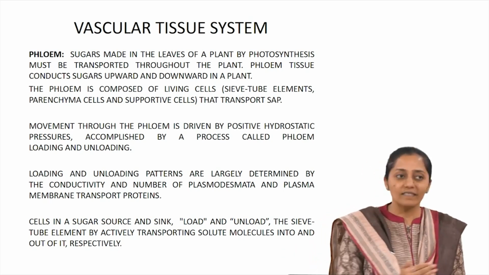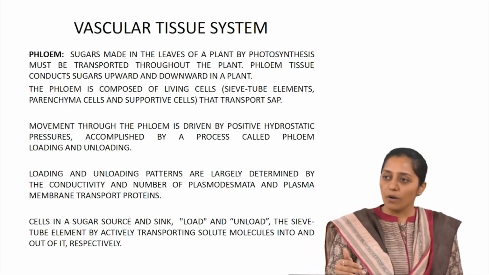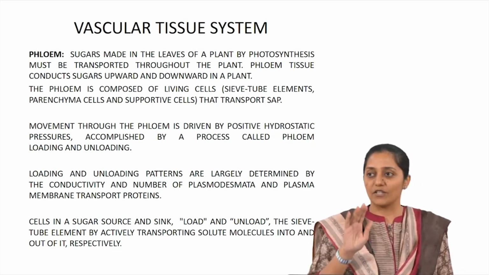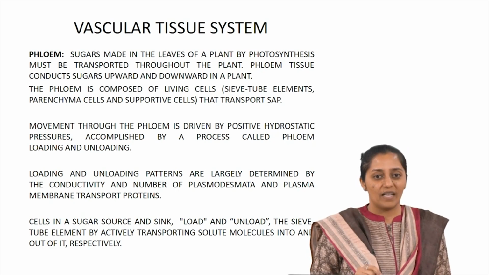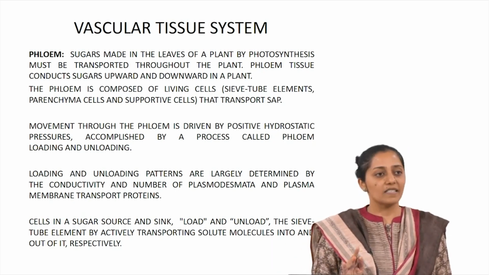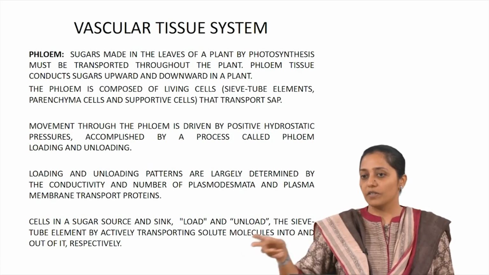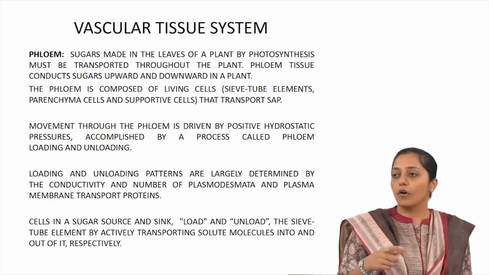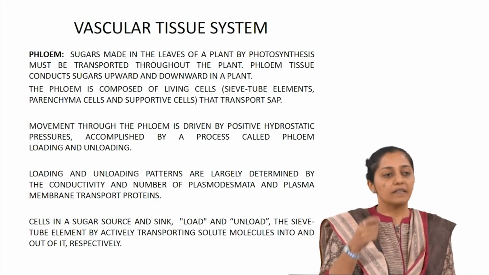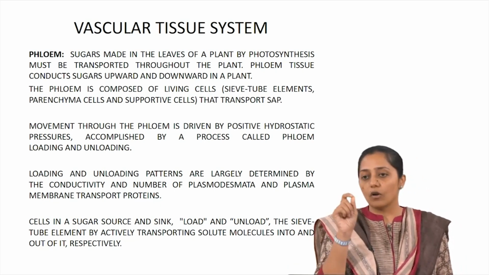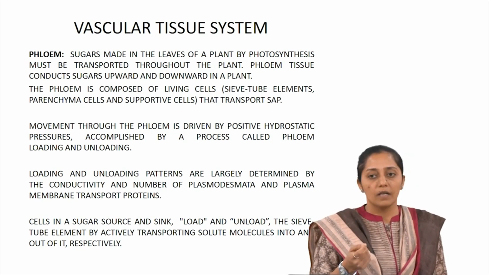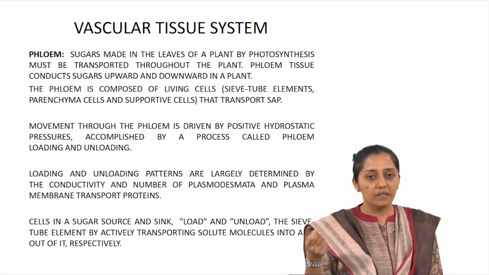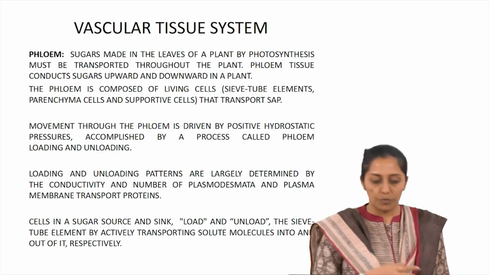The water is diffused back from those cells at the site to the xylem, so that the hydrostatic pressure can be reduced, and then the active transport can take place to put the sugars into the sink cells. And what does it depend on? The loading and unloading. It depends on the sieve tube elements. We have heard about plasmodesmata. So it depends on the number of plasmodesmata, those connecting channels through which this transport happens.